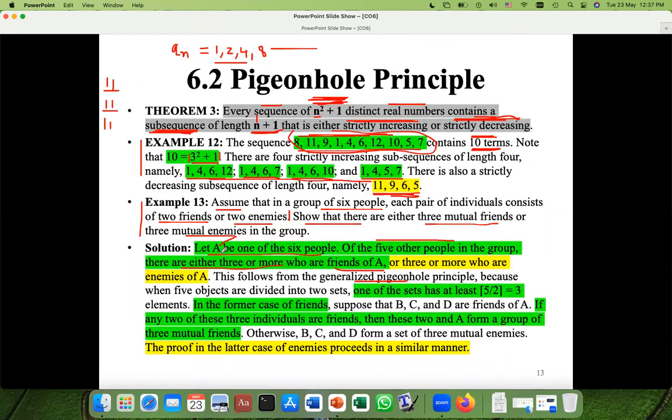And what is my n now? The remaining n is now 5. And you want to decide about either 3 mutual friends or 3 mutual enemies. You want to decide about the 2 sets, nothing else. So that's why 5 is your n, and k is the two sets that you want to build, one for friends, other for enemies.